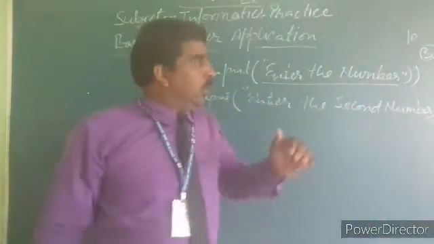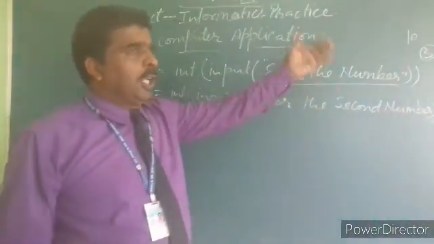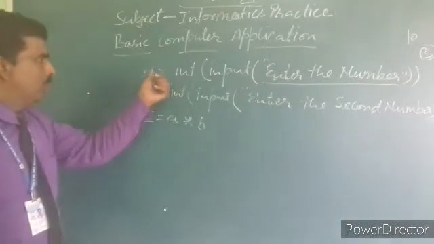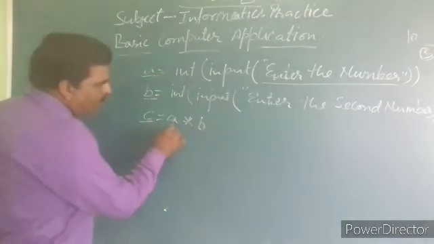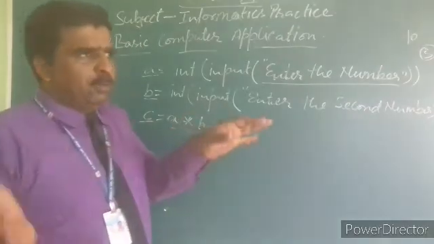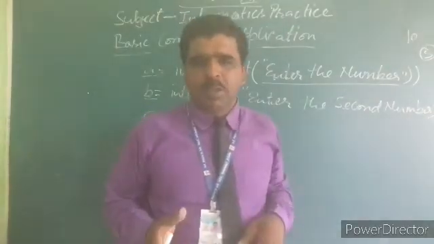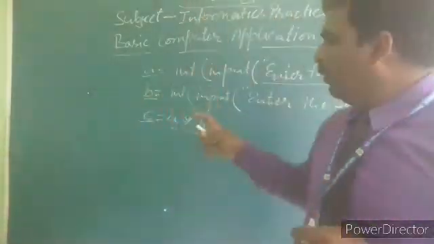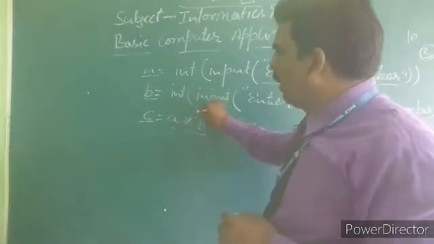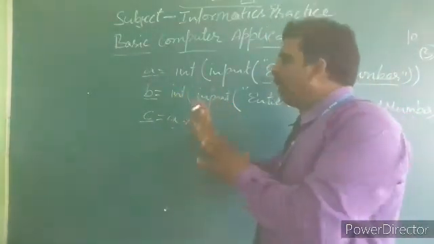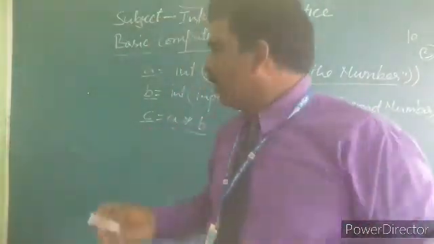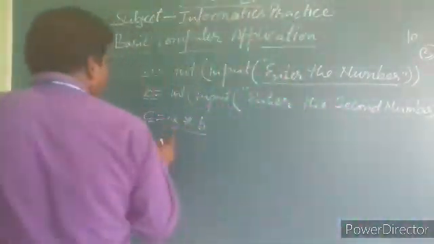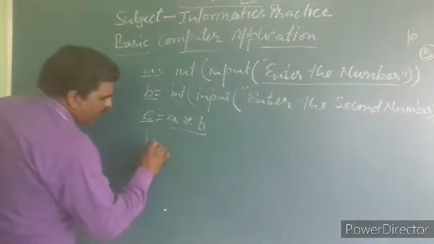So 5 and 10 will be stored in two different bags. After that, the first value and second value will be multiplied and kept in another bag, whose name is C.